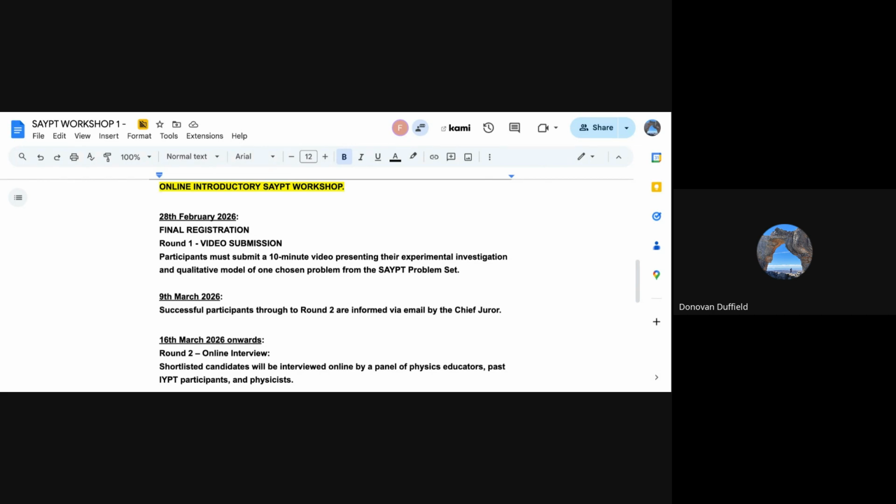Then on the 9th of March, successful participants through to round 2 are informed via email by the chief juror. Quite a few of the people that are presently online are going to be part of the jurors. We have also got some international jurors who we have come to know through our IYPT journey. We've got someone from Germany, someone from Slovenia, and probably someone I know from Greece.